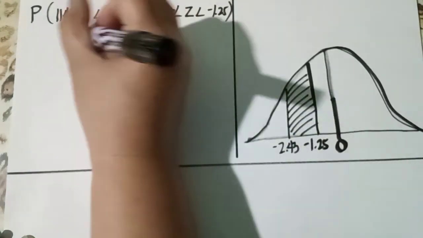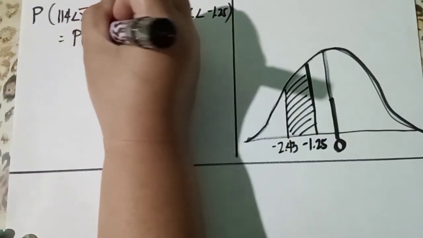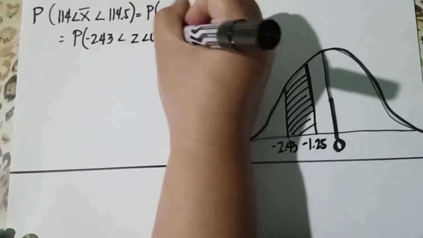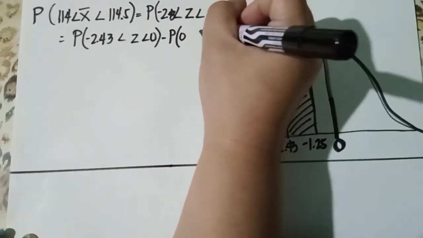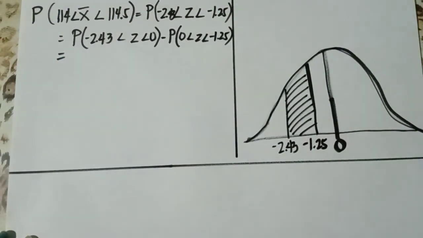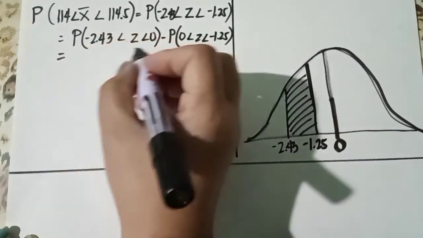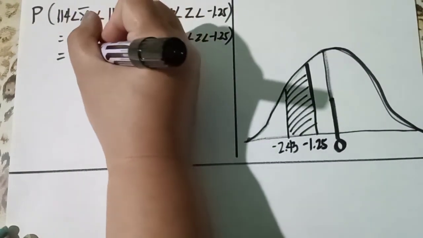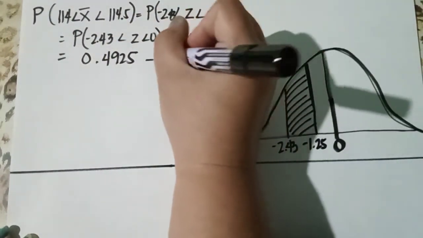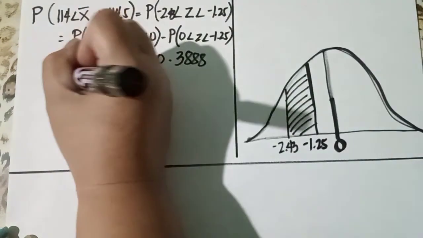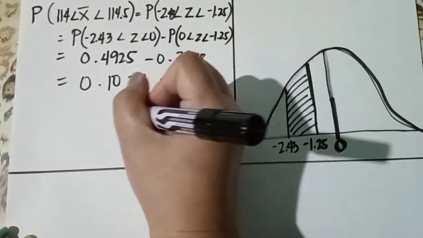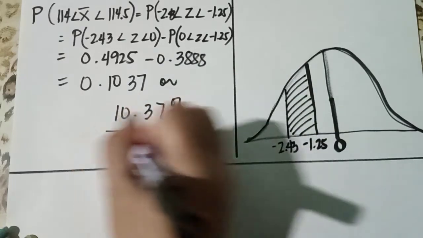So we have the probability of negative 2.43 less than z less than 0, minus the probability of negative 1.25 less than z less than 0. Then use the table of the normal distribution. Let's find. So we have 2.43 as 0.4925 minus 1.25 as 0.3888. Then let's subtract this. So we have 0.1037, or 10.37%. So this will be our answer.